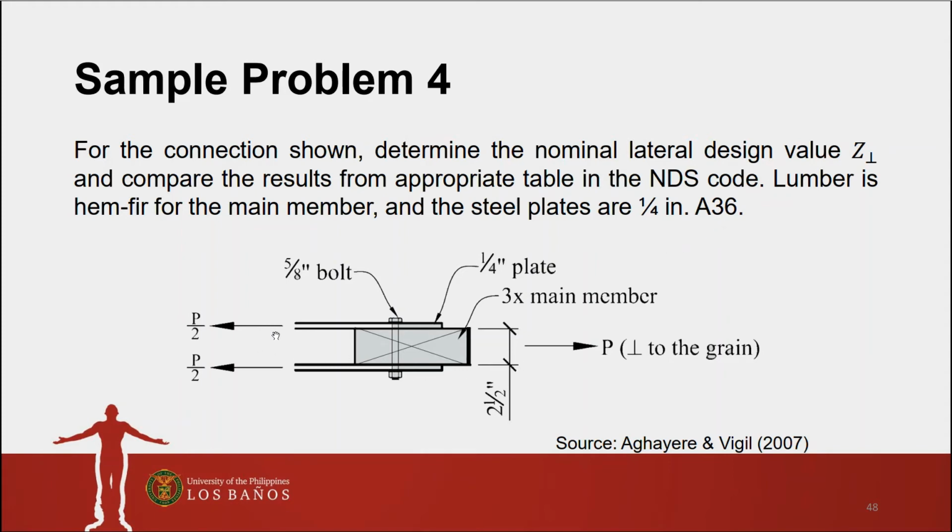So you have here load P perpendicular to the grain, the thickness of the wood, which is 2.5 inches, and a 1/4 inch steel plate, which is A36 steel. P over 2 is the tension on each steel plate, and we have a 3x main member, and last a bolt diameter of 5/8 inches.